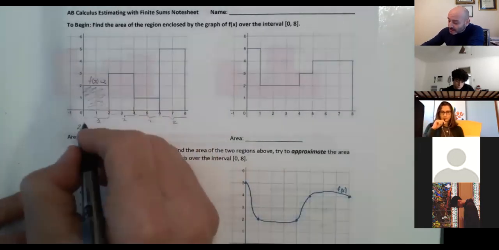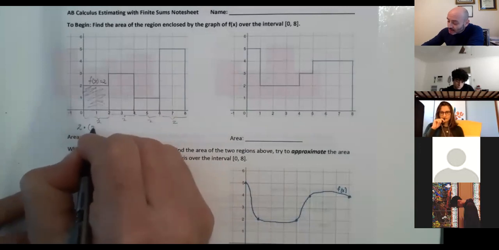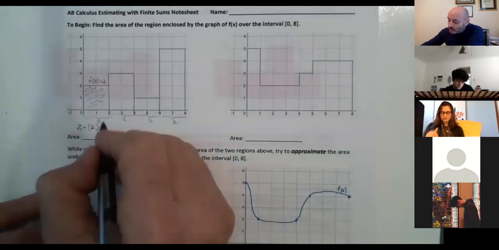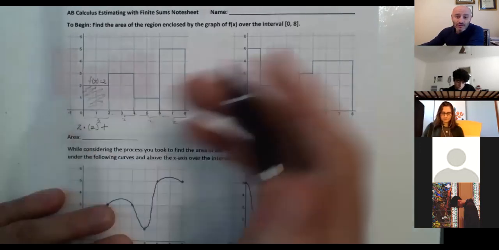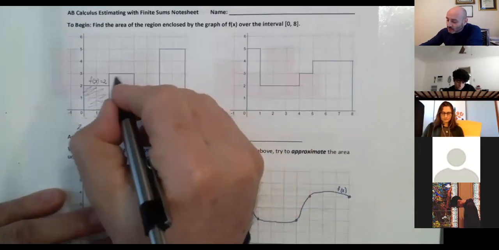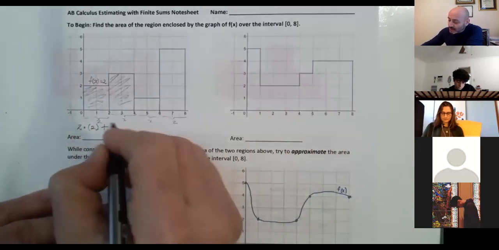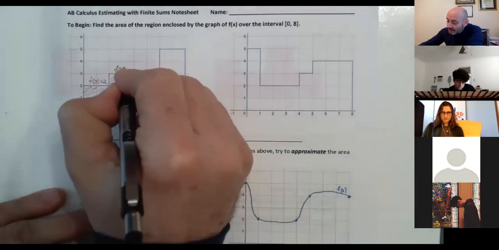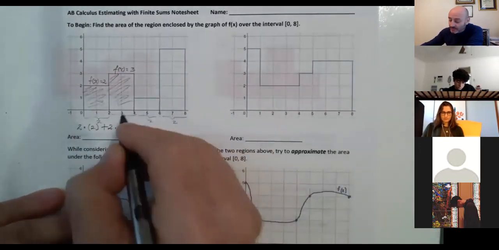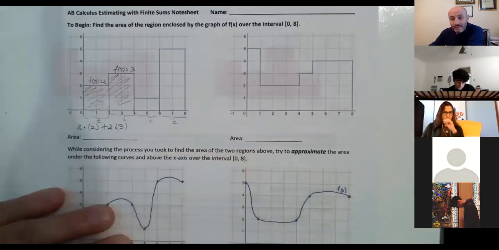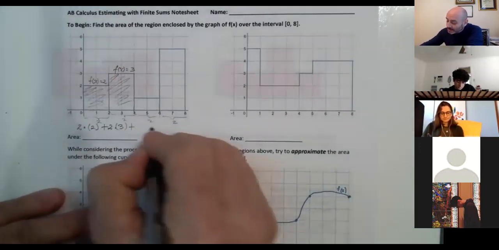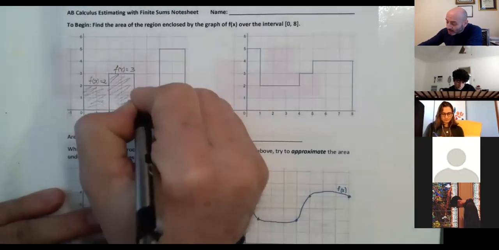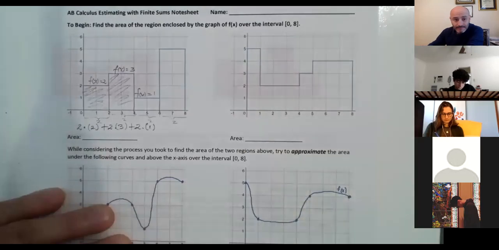So the area here is 2 times 2, which is 4. And we add that to the following rectangle. So the area of the following rectangle is the same base times the function value, and the function value in this case is 3. So it's 2 times 3, plus 2 times the function value, which in this case is 1. F of x is 1.